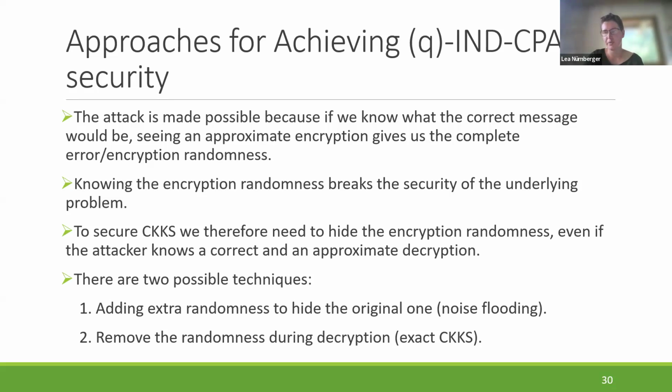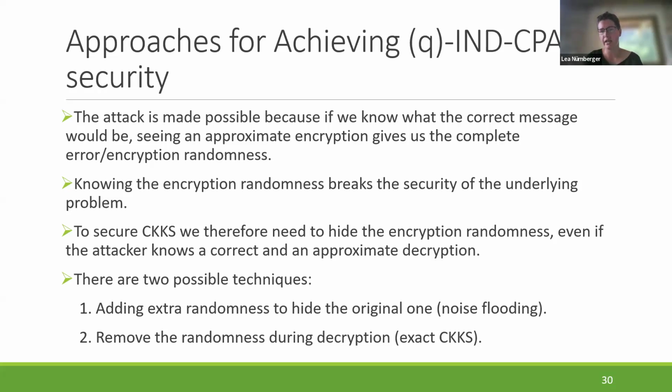The first technique has been addressed in a paper by Li, Micciancio, Schultz, and Sorell at Crypto 22, where they showed how much noise flooding noise is necessary to make CKKS provably IND-CPA-D secure. It turned out that this was quite a big amount. Even though this big amount is necessary to achieve provable IND-CPA-D security, it might still be possible to get away with a smaller amount of noise, which still will prevent the Li and Micciancio attack, but might not achieve provable q-IND-CPA-D security.